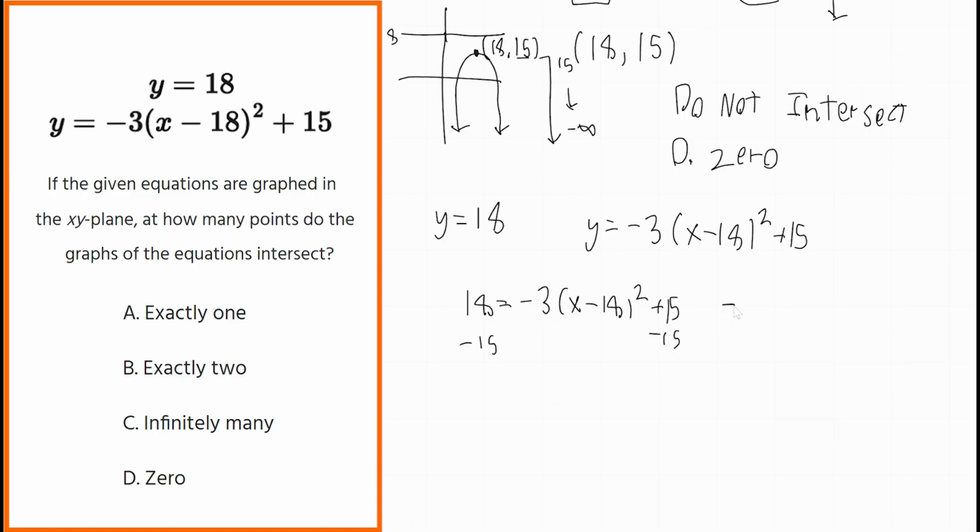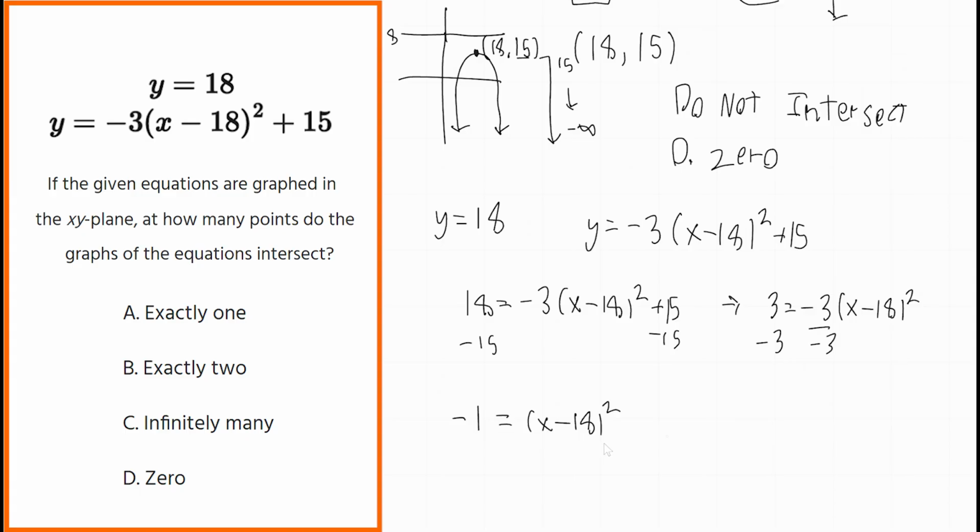And we would get, I'll write this over here, 3 equals negative 3 times (x minus 18) squared. We can now divide both sides by negative 3, and we will get negative 1 equals (x minus 18) squared.